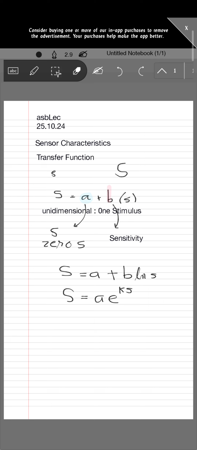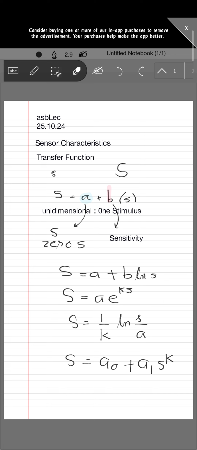or we can also say that s is equal to 1 by k ln small s by a, or it can be even a power function, that is s is equal to a0 plus a1 s to the power k.